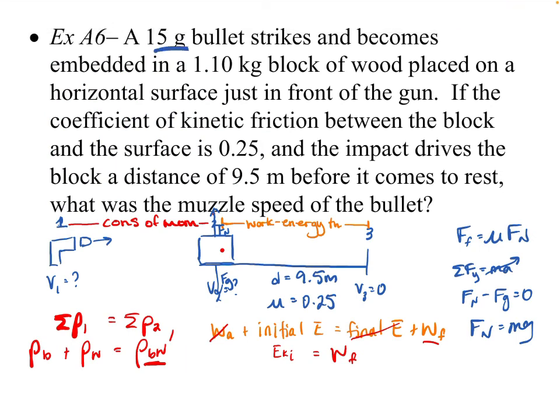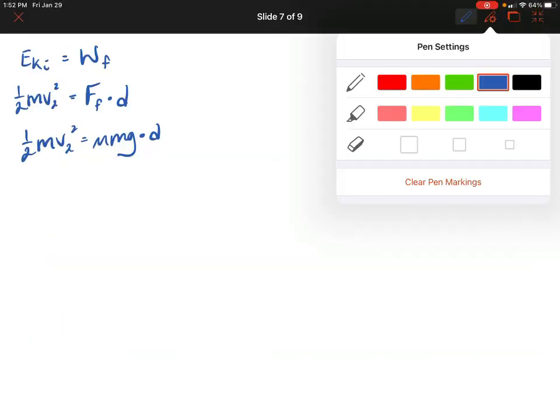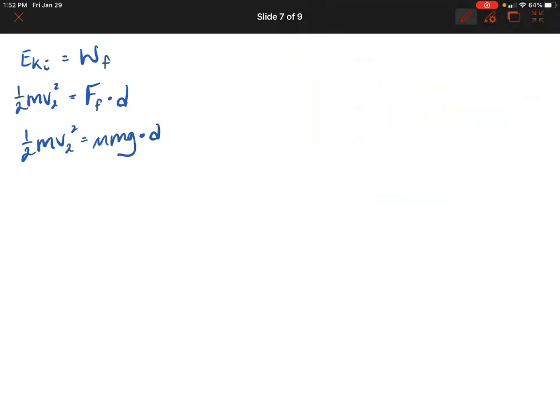We have a 15-gram bullet and a 1.1 kilogram block, so I'm going to have to add those together, keeping in mind we have to change 15 grams to kilograms, which would be 0.015 kilograms.